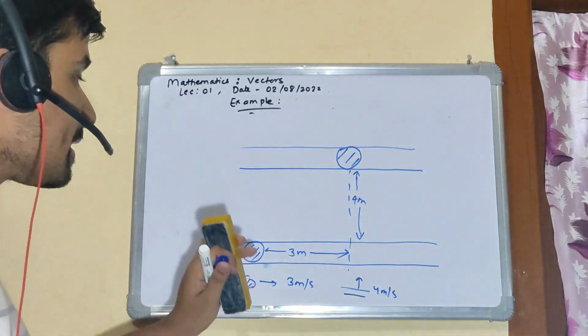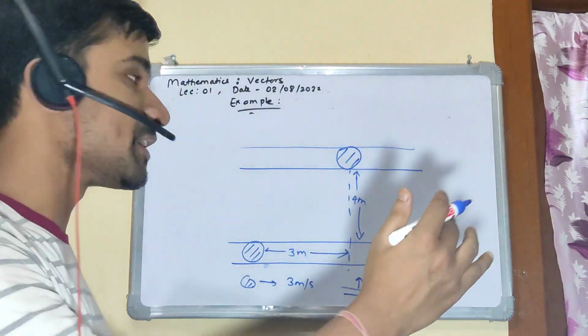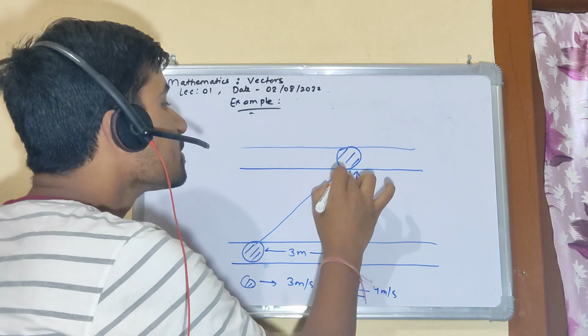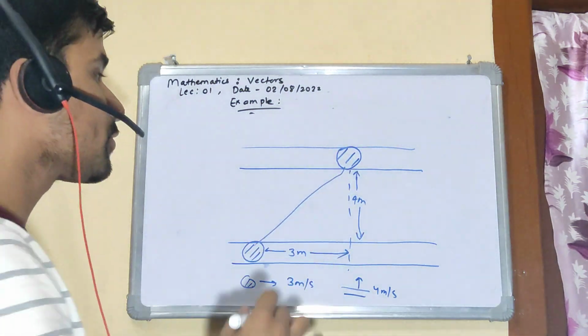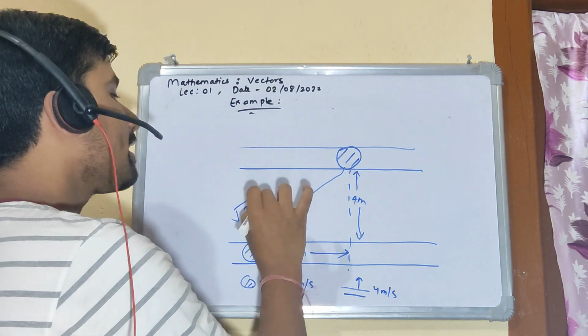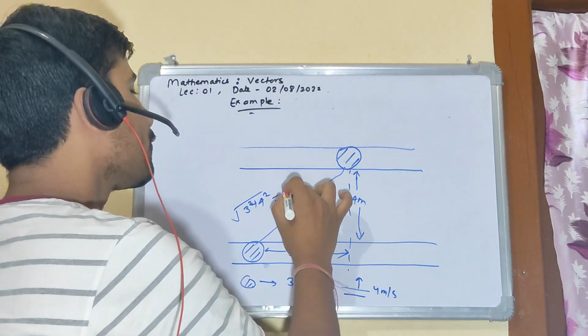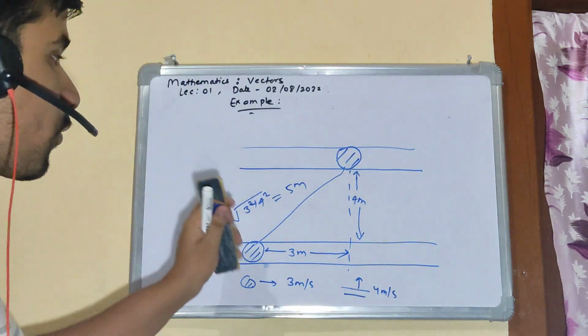So what is the net displacement of this ball, like how much it has shifted? It is 3 square plus 4 square under root. This is a right angle triangle and this is the hypotenuse, which is 5 meter. So the net displacement of the ball is 5 meters.